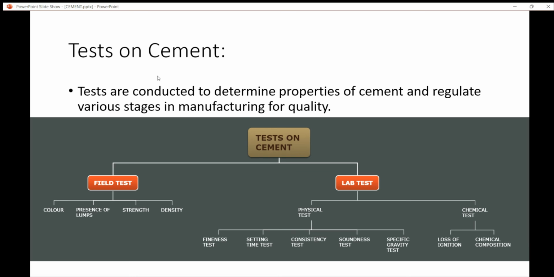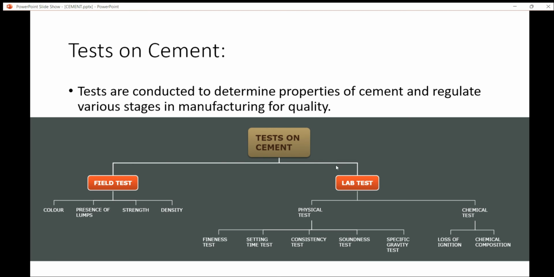Tests on cement. Tests are conducted to determine the properties of cement and regulate various stages in manufacturing for quality. We broadly classify the tests on cement into two categories: field test and lab test. In field tests, we focus on color, presence of lumps, strength and density.